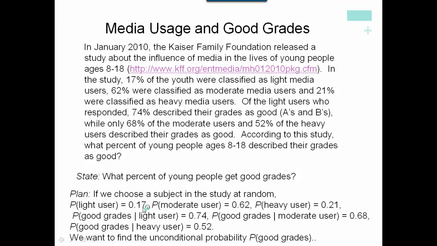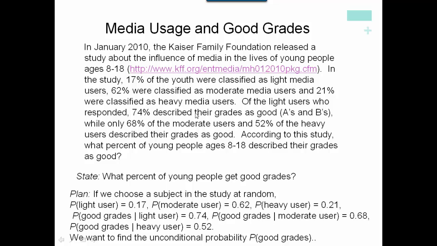Light user, we look at the percentages. It's 0.17, the probability of a moderate user is 0.62, so these are people that use media, and heavy user is 0.21. The probability of good grades given the person is a light user is 0.74. Good grades given a moderate user is 0.68, and good grades given a heavy user is 0.52.